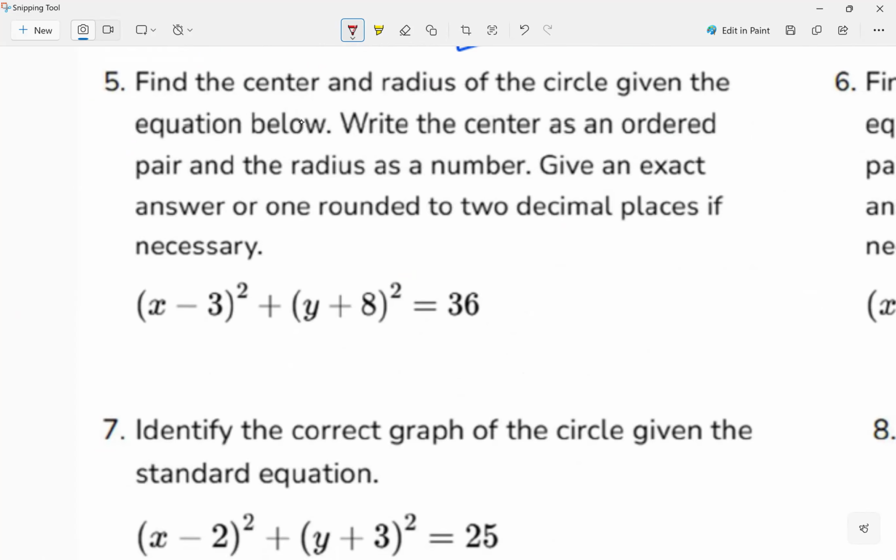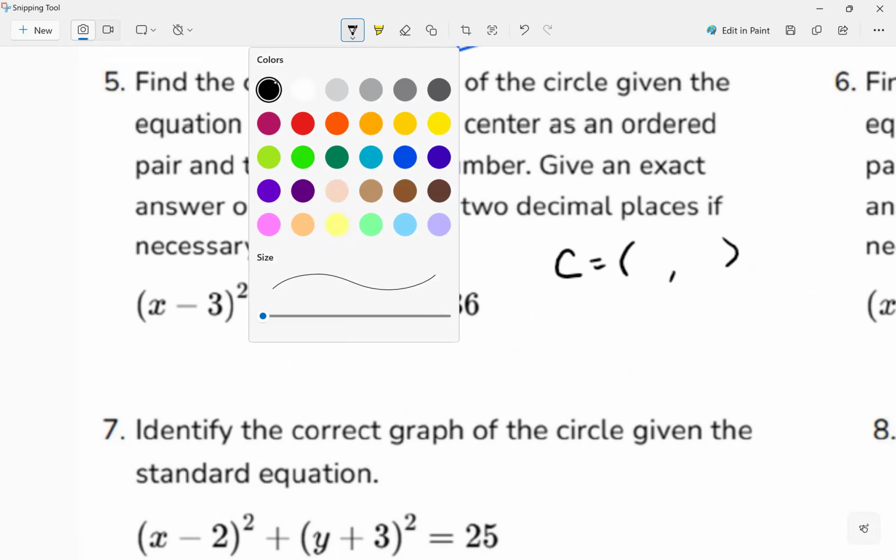Okay. So this is how you are going to see it for your answer. You are going to see C for center. This is equal to a parentheses with a comma in between.